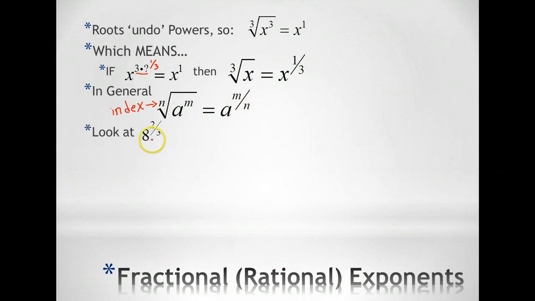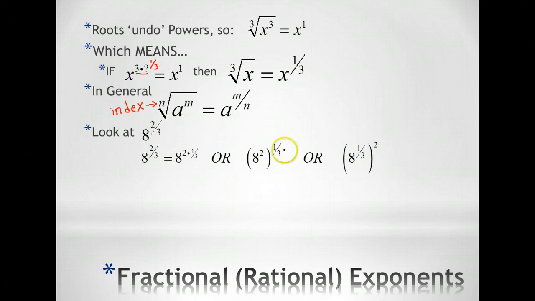So let's look at 8 to the 2/3. Now first of all, because of what I know about fractions, I know that 8 to the 2 over 3 is the same as 8 raised to the 2 times 1/3. So I could write it as 8 squared raised to the 1/3 power. That would give me 2 times 1/3 because we multiply exponents when we're raising stuff to a power.